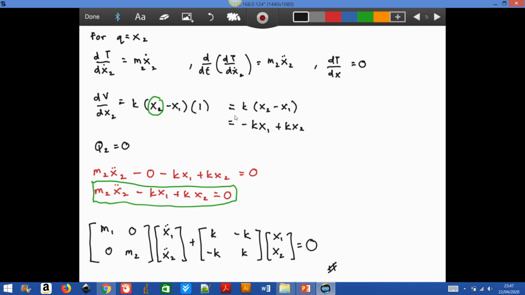So this is the equation of motion constructed by using the Lagrange equation.